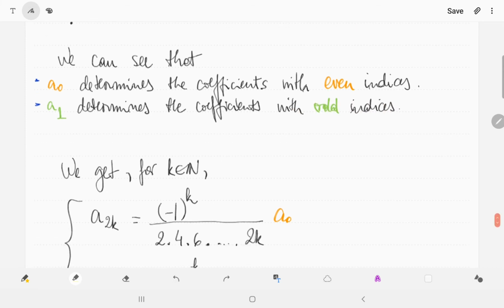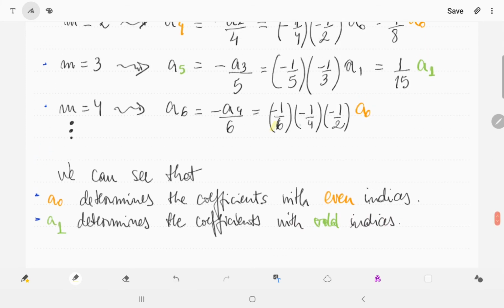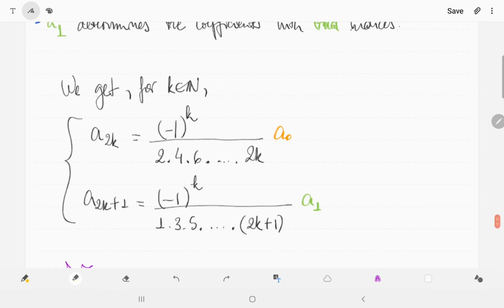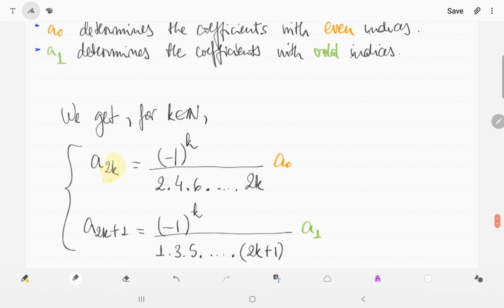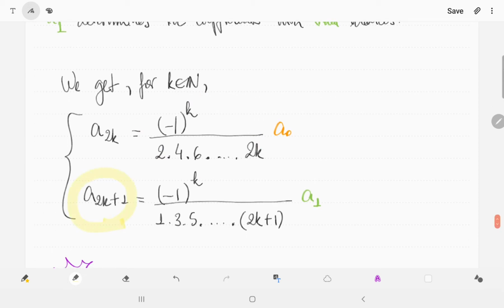If you work a little bit, you can see how these terms are related, and you can prove that for even indices we have this expression with a0, and for odd indices this whole expression with a1.